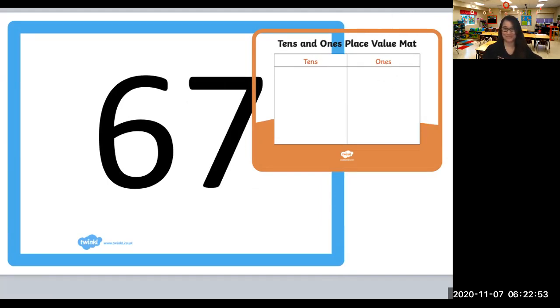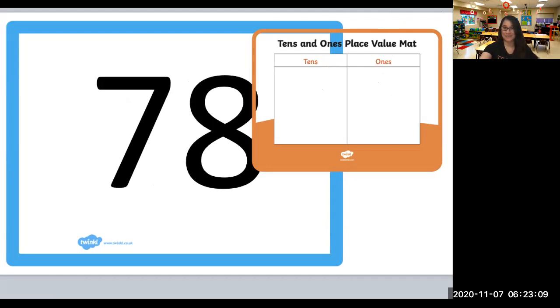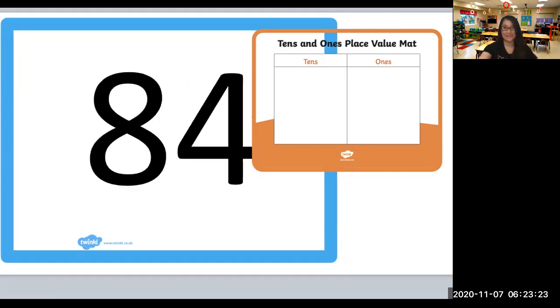Wonderful job. 76. 7 goes into the tens and 6 goes into the ones. 78. 7 goes into the tens and 8 goes into the ones. 84. 8 goes into the tens and 4 goes into the ones.